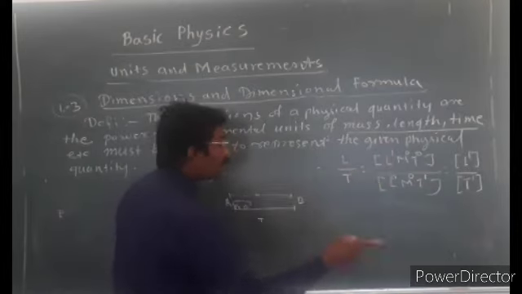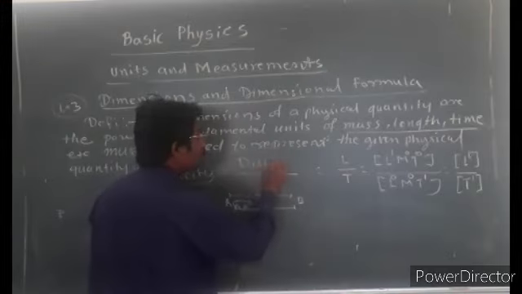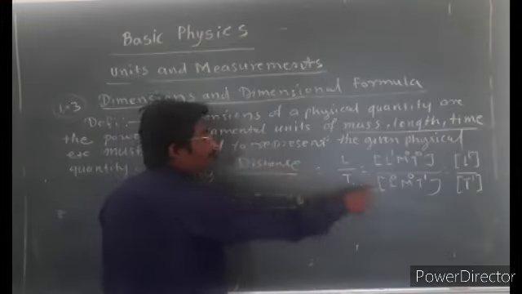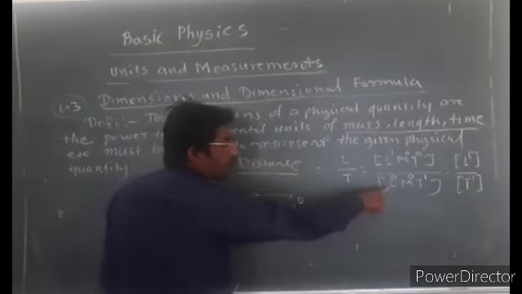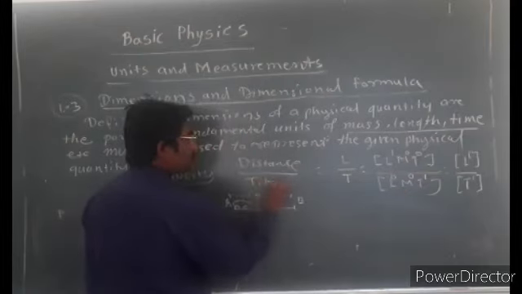L is related to length, so I can write length or distance, and T is at the denominator, so L is 1, M is 0, T is minus 1, which means distance upon time.